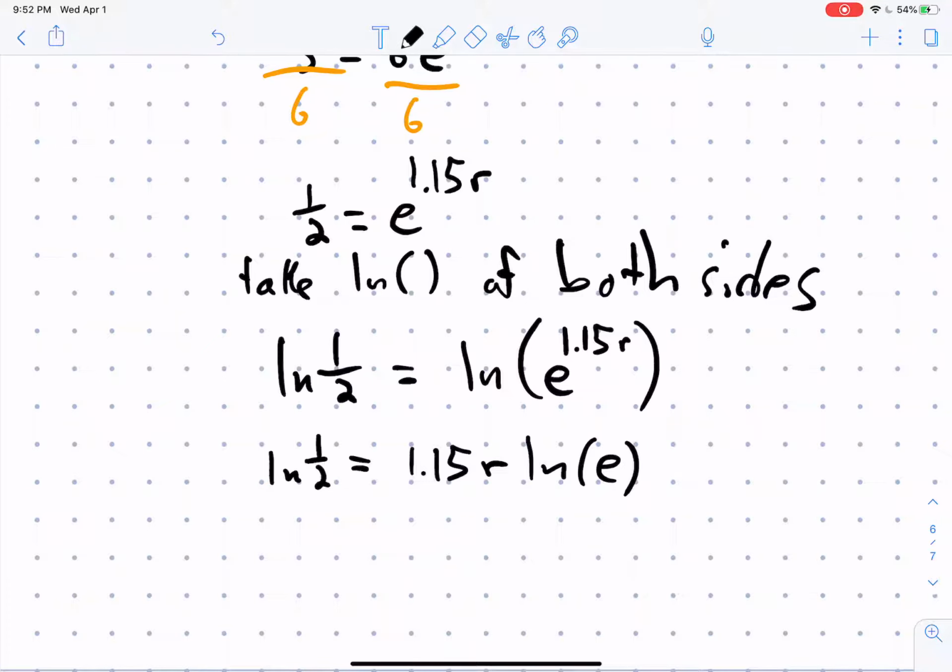Now, we're getting close to done here. We just need to isolate this r. And to do it, what I'm going to do is divide both sides by the numbers that are next to r. So I'm going to divide both sides by 1.15. And I can also divide both sides by this natural log of e.